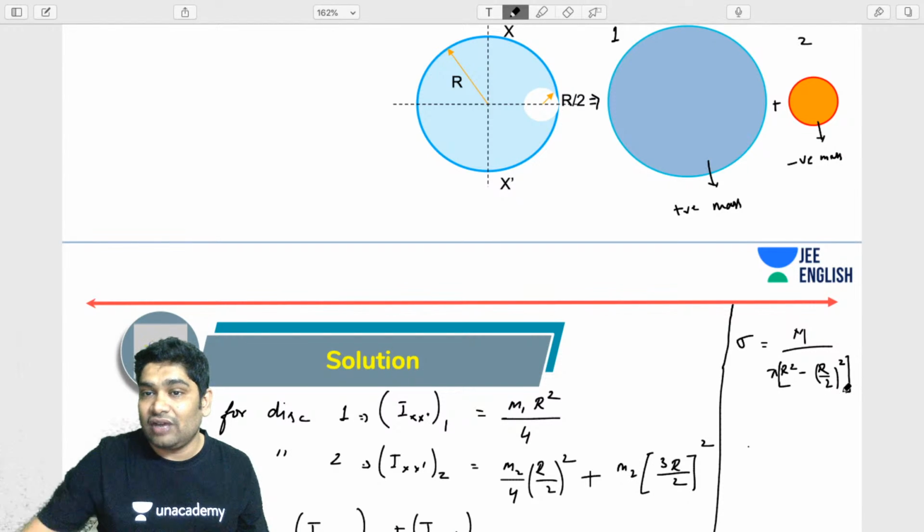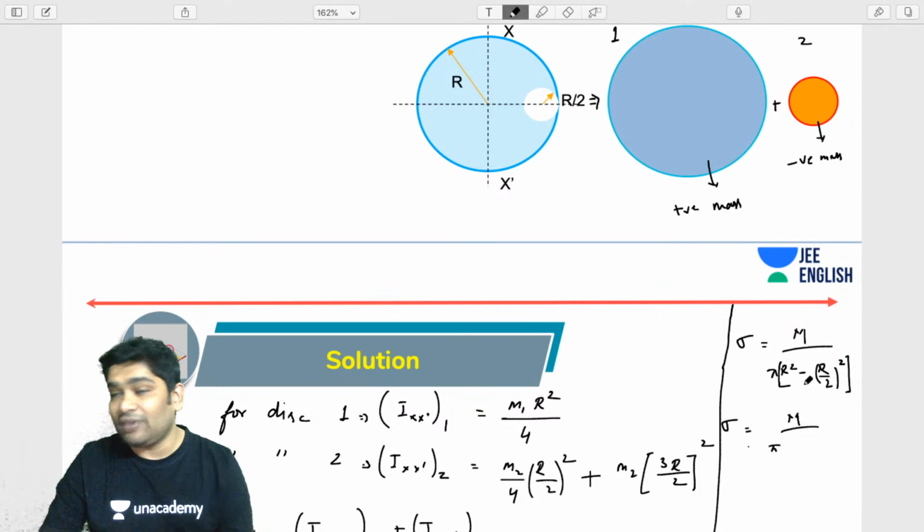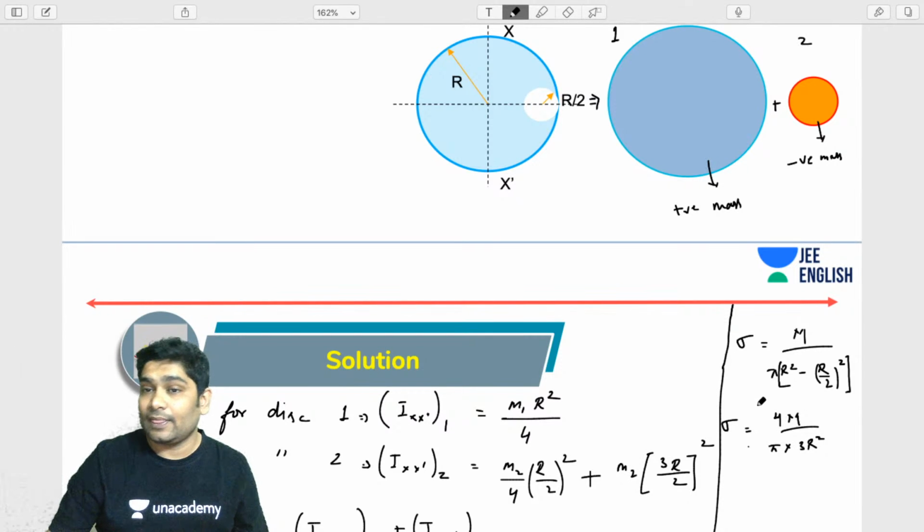So this would have been the sigma, right? Let's see how much we are getting. This would be M over pi times R square minus R square by 4, so 3R square times 4 here. Correct?